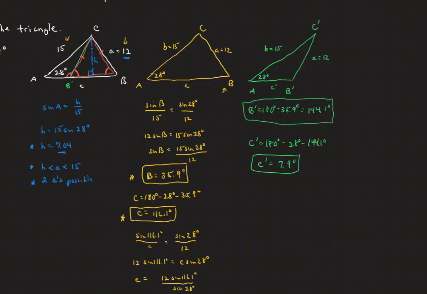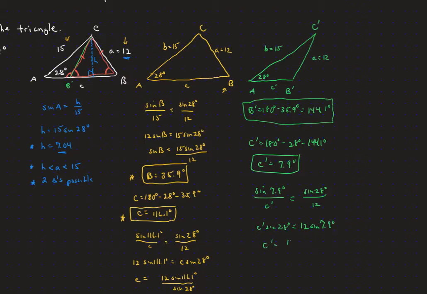Now we want to find side C prime. So we're going to say sine of 7.9 degrees over our side C prime is going to be sine of 28 over 12. So C prime times the sine of 28 is 12 times the sine of 7.9.